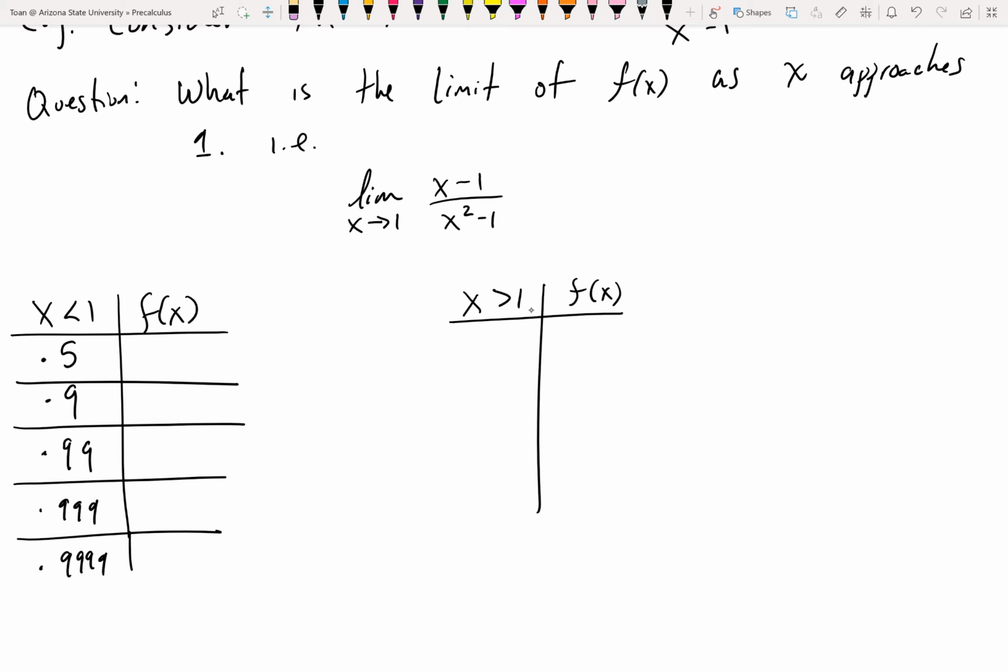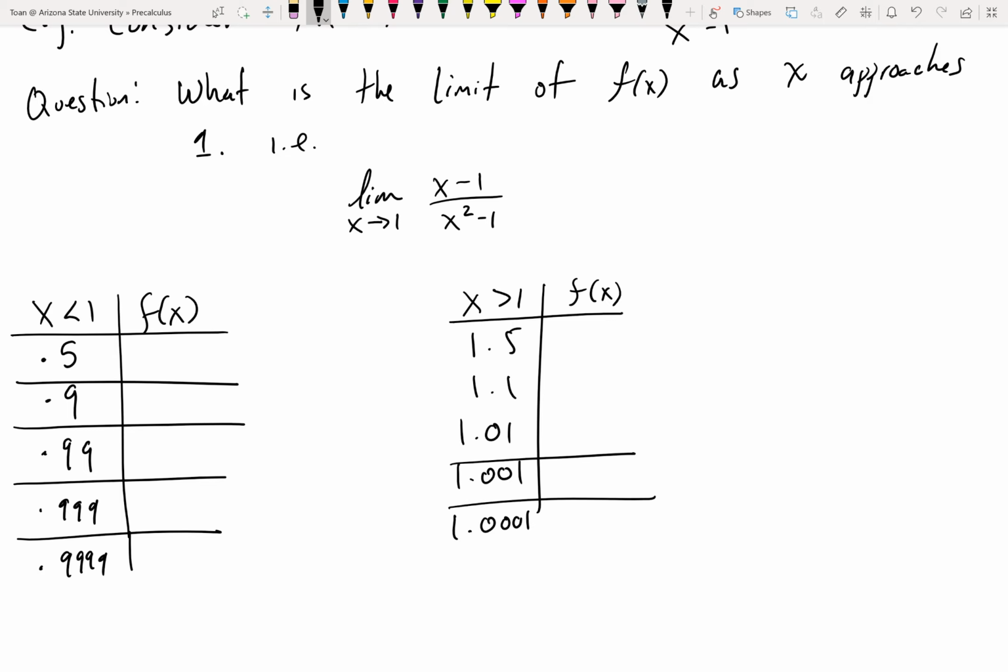You want to look at the behavior of the function as you're getting closer and closer to the x value in question. Let's go ahead and take a look at the other side, right? Let's choose numbers that are bigger than 1, but are getting closer and closer to 1. Say, for example, 1.5, or maybe 1.1, or 1.01, or 1.001, or 1.0001, and so on and so forth.